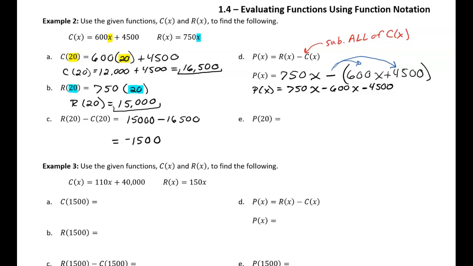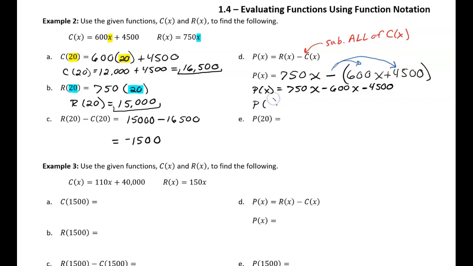So it's easy to miss that part. So be careful with subtraction of functions. Whatever is in that function, you have to make sure it's subtracted all the way through. So those parentheses after that minus help us keep track of that. Once I have that subtraction distributed though, I can combine some like terms.